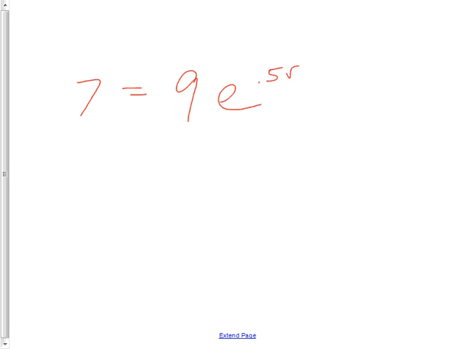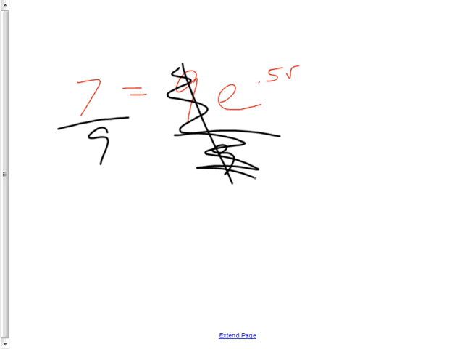How do you have to start? Do you get how there's two things here and there shouldn't be if I'm going to rewrite it as a log? So how do I start? Divide by 9. Good. That's gone. Now I can rewrite it as a log because I have a base, I have an exponent, and I got something on the other side.